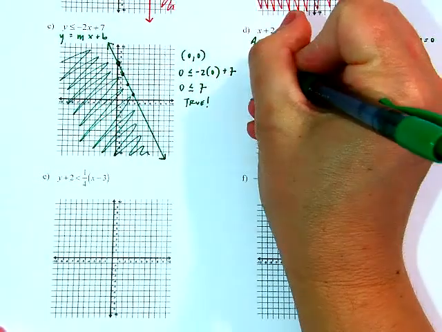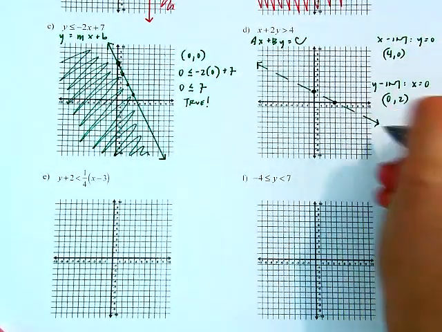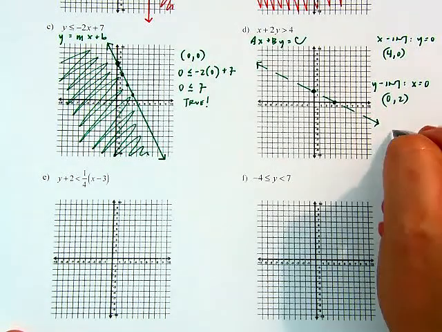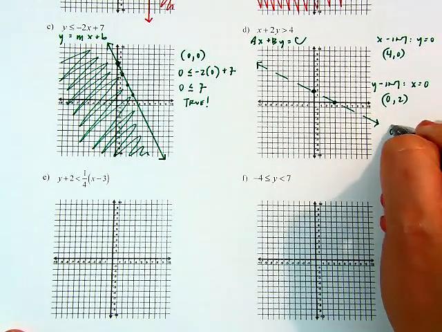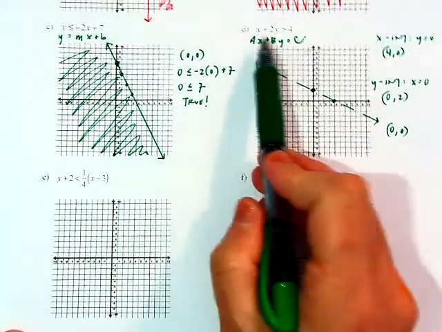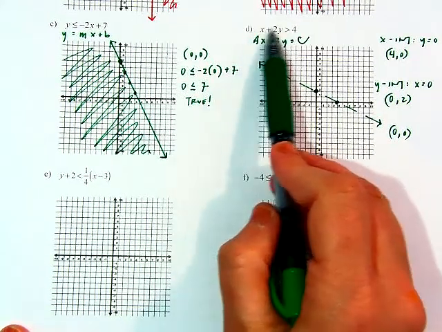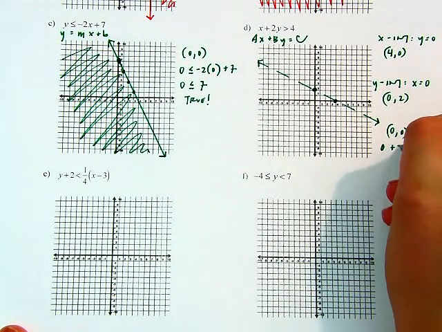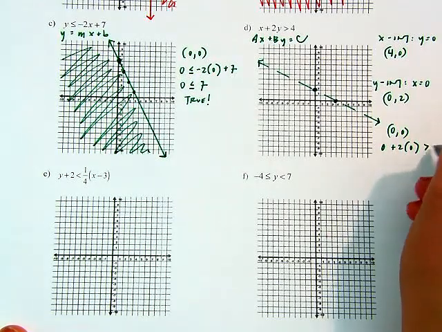Okay, and then to figure out which side I shade, I have to pick a test point. So here, again, I'm going to pick the origin if I have the luxury, so 0, 0. If I plug in 0, 0, it's going to make this whole side go away because I have 0 plus 2 times 0 greater than 4.